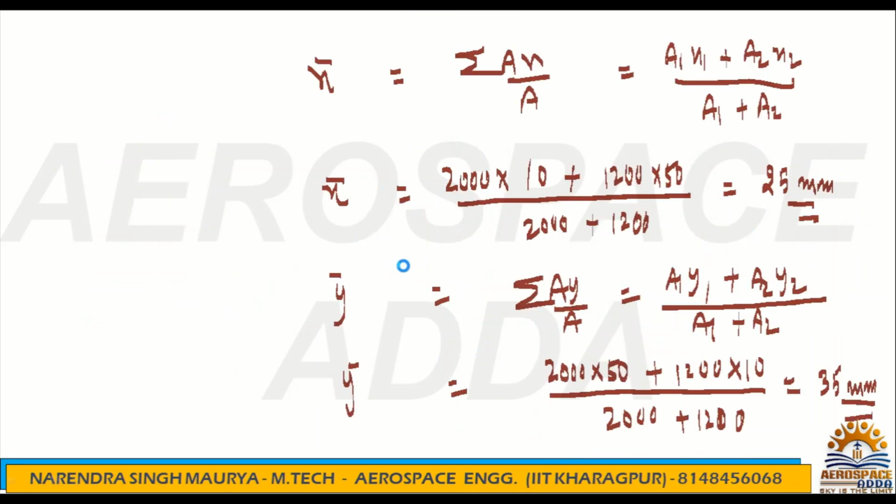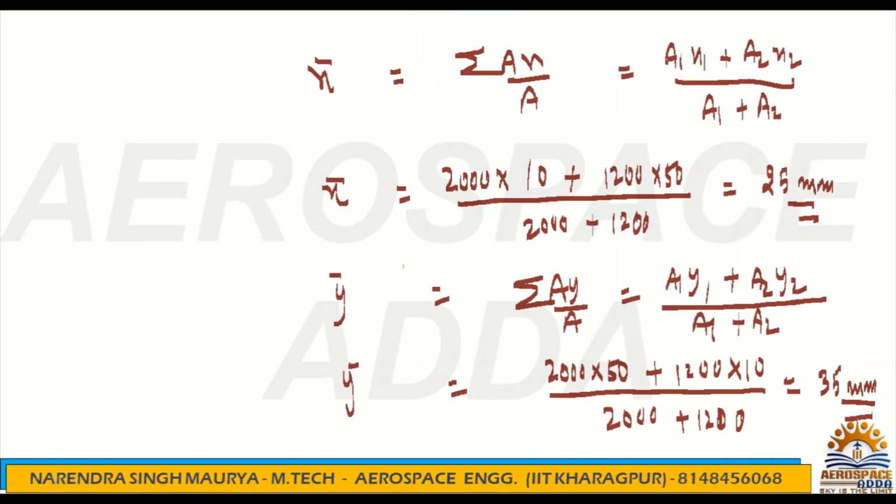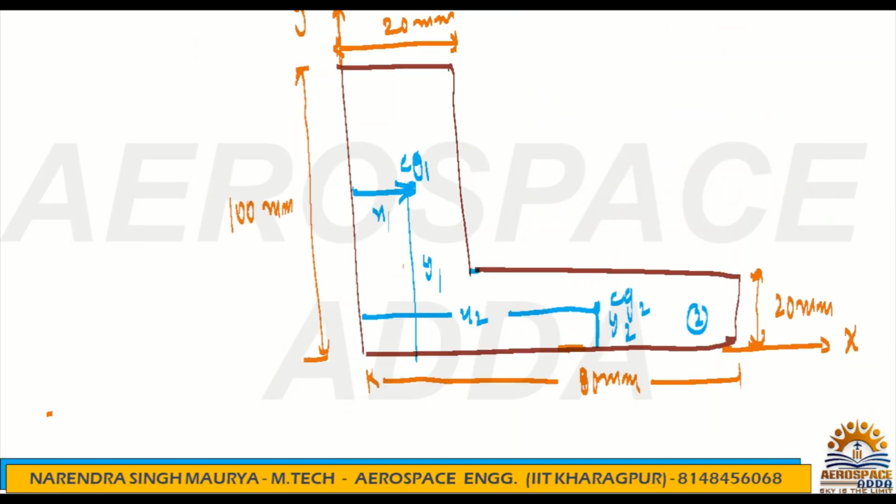and y2 is 10. So between y1 and y2 we have y bar, because y bar is 35. So this is the y1 and this is the y2. In between y1 and y2 we have somewhere that is 35. So I can say here, this is my y bar.